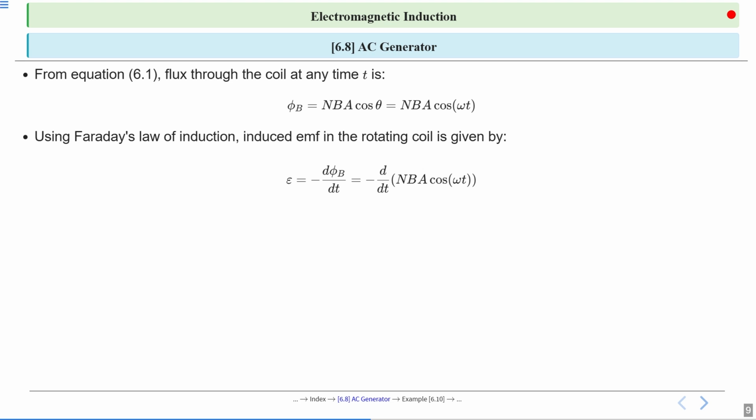So put the value of phi in it. Phi is NBA cos omega t, so minus d by dt of NBA cos omega t. Now differentiate it. In the generator, we cannot change the number of turns frequently once the generator is made.